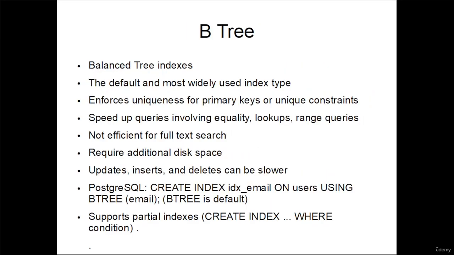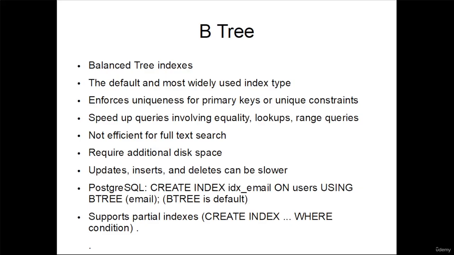B-tree indexes, balanced tree indexes, are the default and most widely used index type in relational databases. They are versatile, support a variety of query types, and are critical for enforcing uniqueness, as in primary keys or unique constraints, and optimizing performance. B-tree is a balanced, hierarchical tree structure, and enforces uniqueness for primary keys or unique constraints, like no duplicate email values.